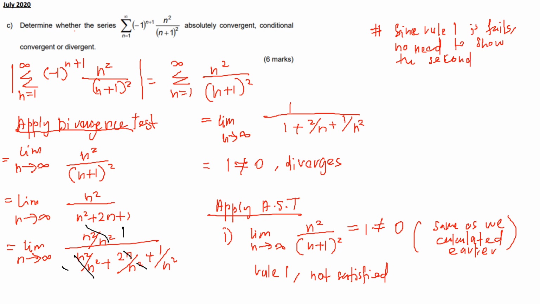Since the first condition fails, no need to show the second condition. Thus, the series diverges by the AST test.